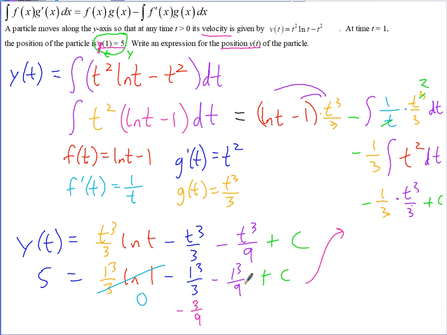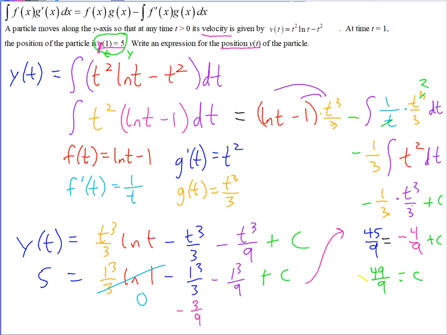So you have on the right side of the equation negative 4/9 plus c. And then the 5, if you get a common number, multiplied by 9 over 9, is the same as 45 over 9. And then add the 4/9 to both sides. Gives you c equals 49 over 9.